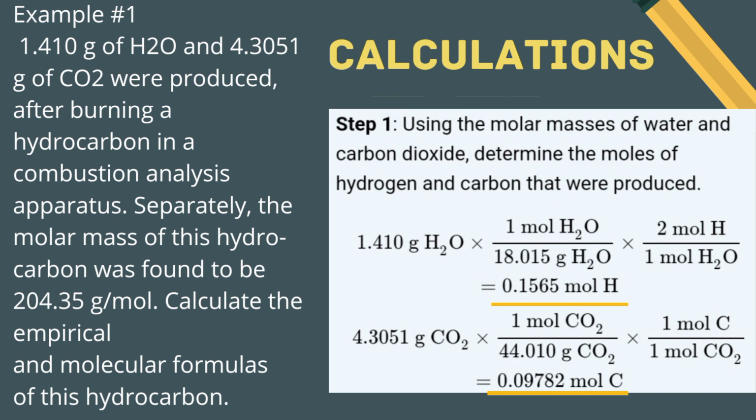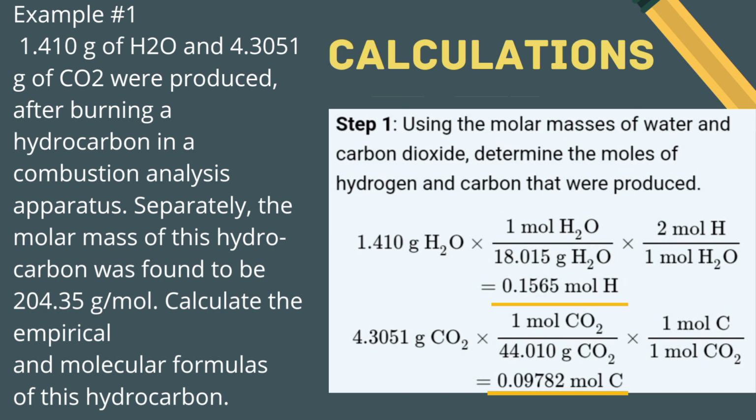So, I have here an example of a combustion analysis problem, including the steps in solving it. The given problem is 1.410 grams of H2O and 4.3051 grams of carbon dioxide were produced after burning a hydrocarbon in a combustion analysis apparatus.